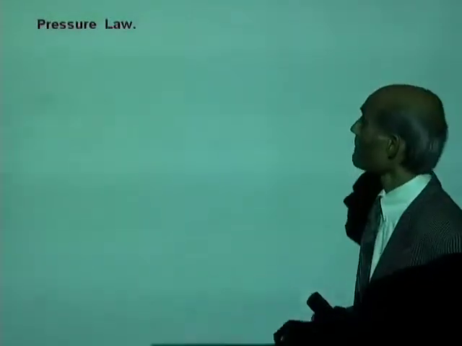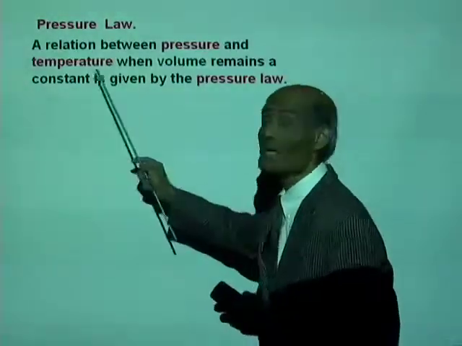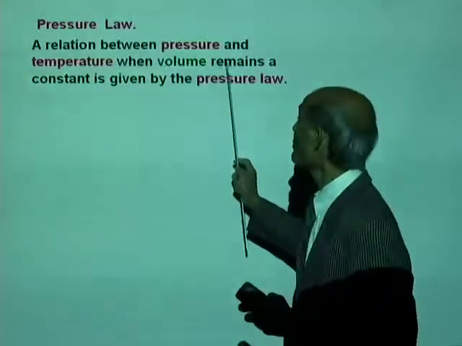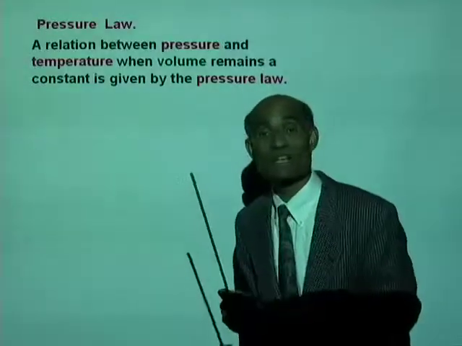Alright, let's now talk about the pressure law. The pressure law deals with the variation of pressure with temperature when the volume remains a constant. A relation between pressure and temperature when the volume remains a constant is given by the pressure law.